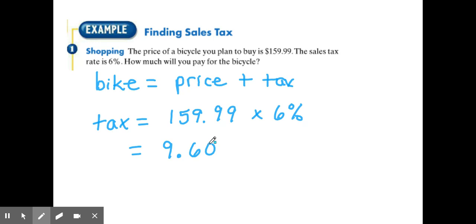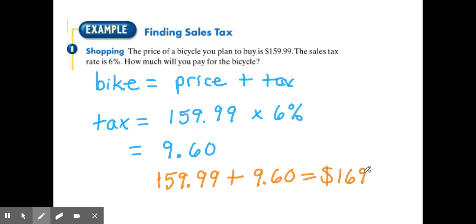So you're going to round it to the nearest penny. And I'm going to add the $159.99 plus $9.60 is a total of $169.59 for the bicycle. Make sure you add the original price plus the amount of the tax to get your total.